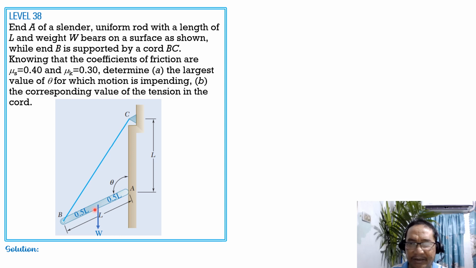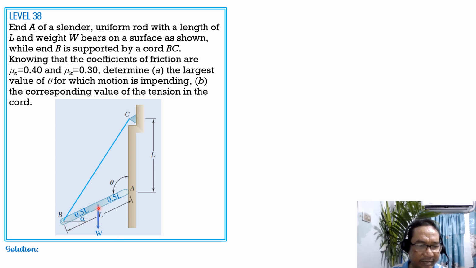Then we will call the angle here as alpha, so that the horizontal projection of AB is L cosine alpha.